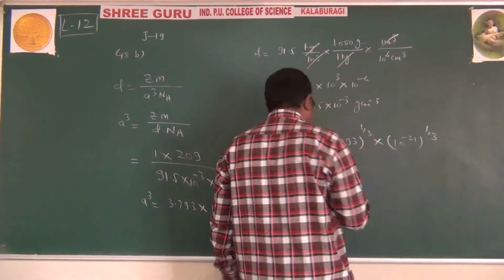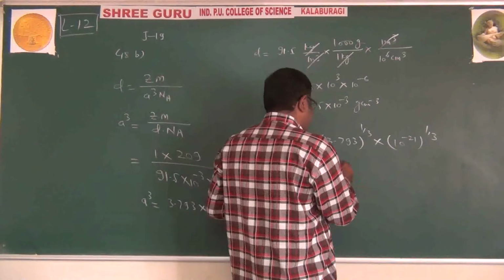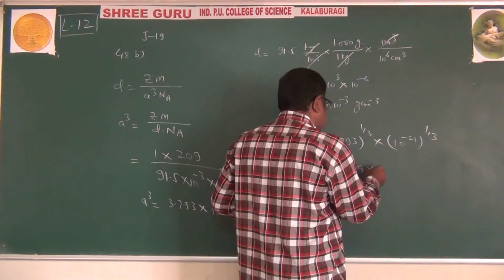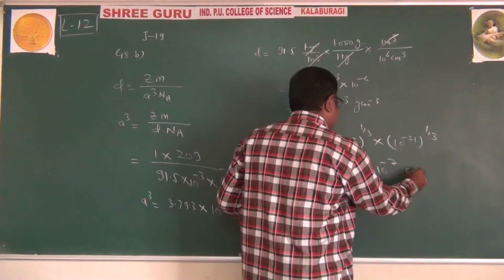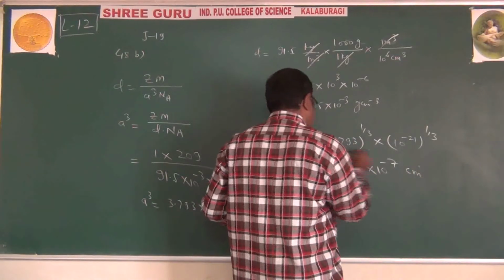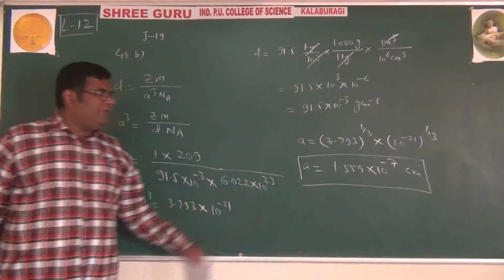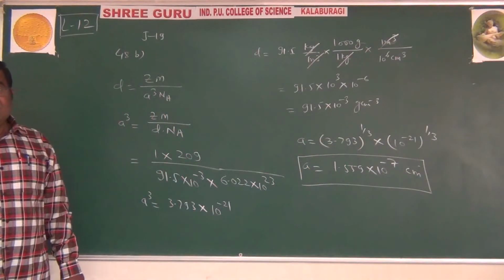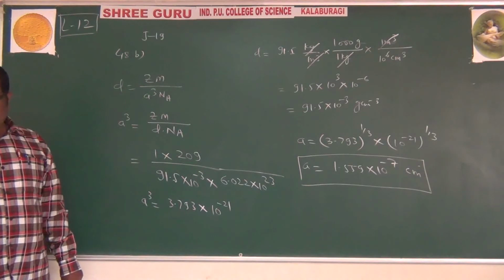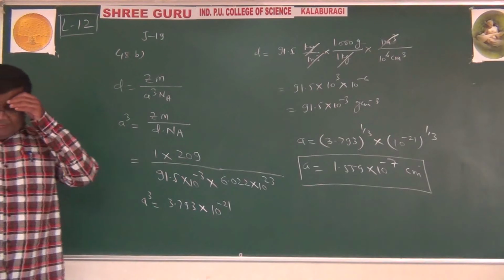Cube root of that is 1.559 into 10 raised to minus 7 centimeter, which is nothing but 155 into 10 raised to minus 9 centimeter. We can convert that in Indian unit.